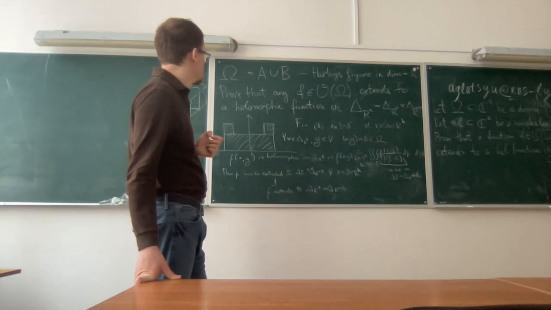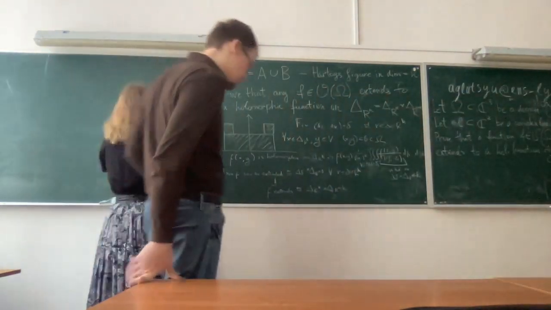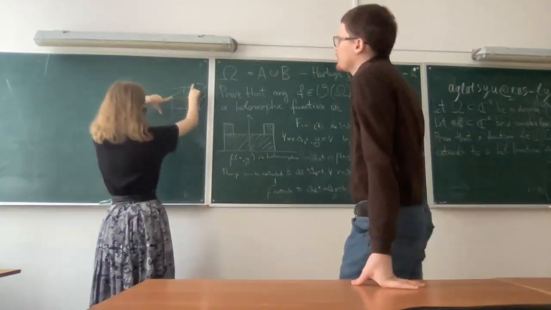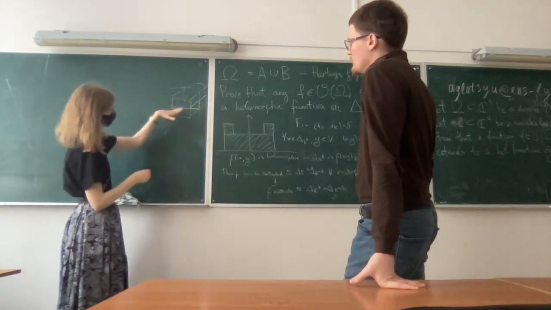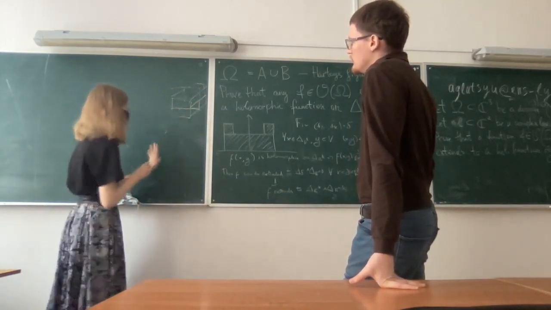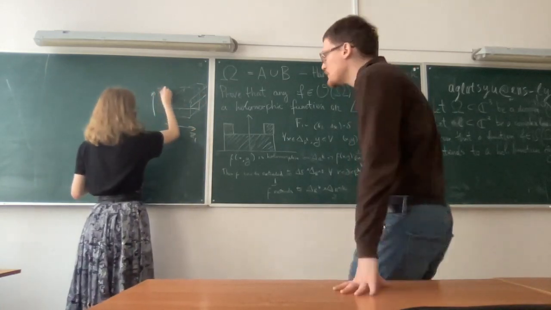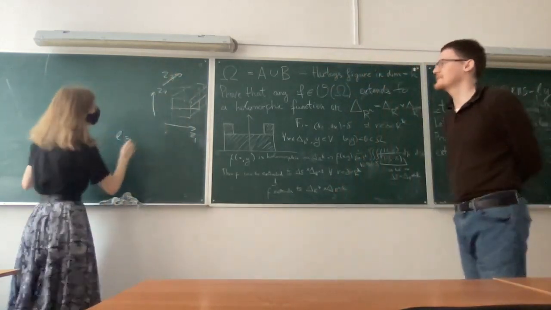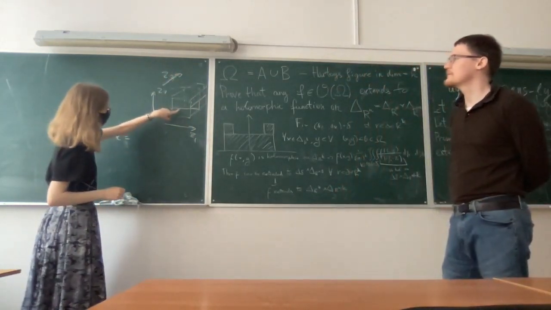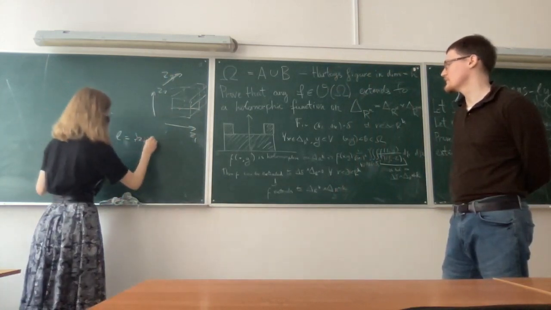So we can take a plane which is parallel to this. So this is 1, this is 2, and that's the 3. And our line is constant in Z1, constant in Z2.